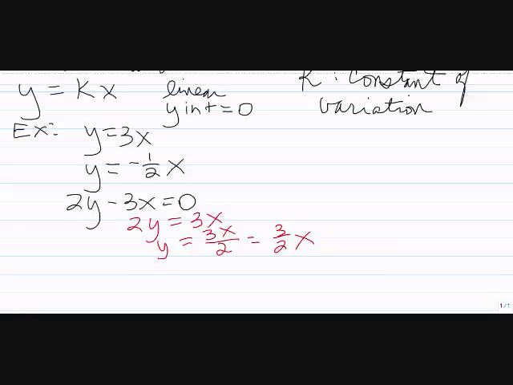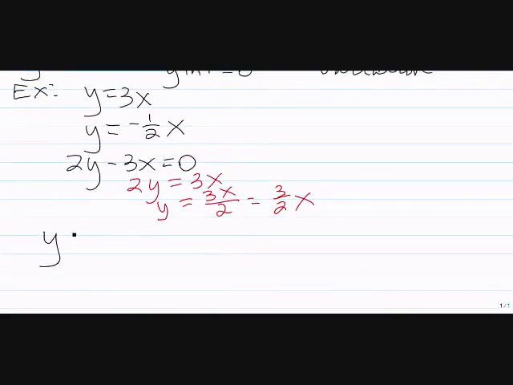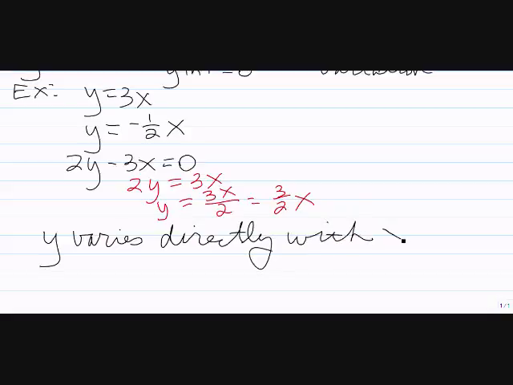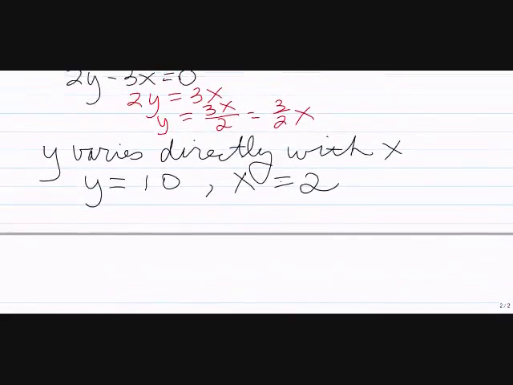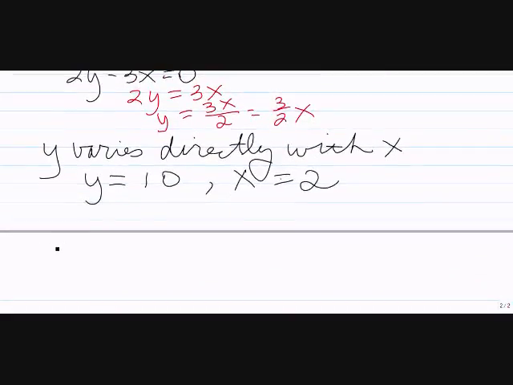Okay. If I say y varies directly with x, and I tell you that y equals 10 and x equals 2, I can find the constant. So first we'll find k. Well, remember my equation is y equals k times x.